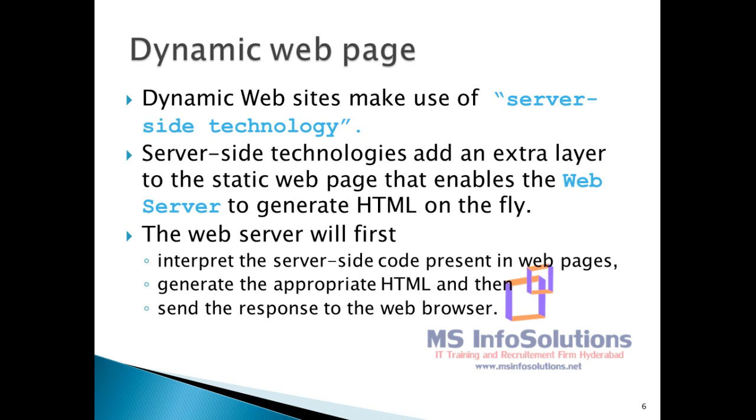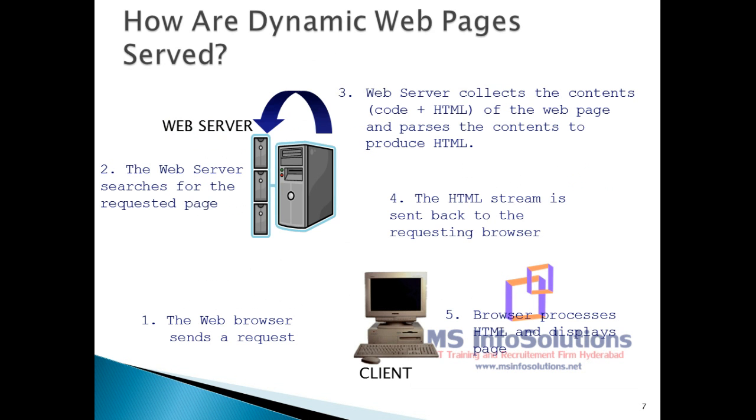The web server will first interpret the server side code present in the web pages and generate the appropriate HTML, then send the response to the web browser. To understand these points, we need to know how it serves. First of all, the browser will send the request to the server. Simply, this is the client server architecture.